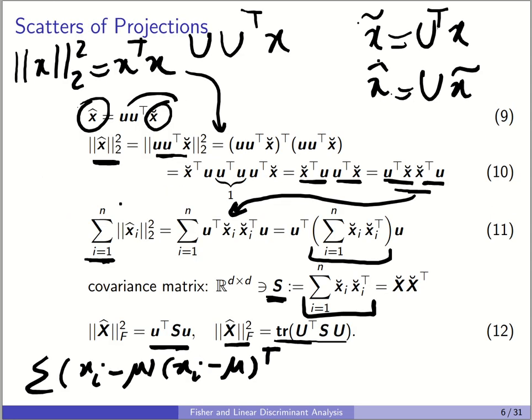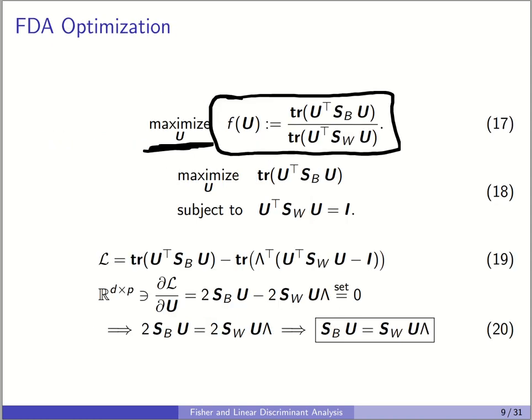And why are we using the trace of U transpose S U? Because I explained it here by equation 12. I said that the trace of U transpose S U somehow shows the variance of projected data, or the squared L2 norm of the reconstructed data. So it says that I want to maximize the between variance of projected data while minimizing the within variance of projected data.